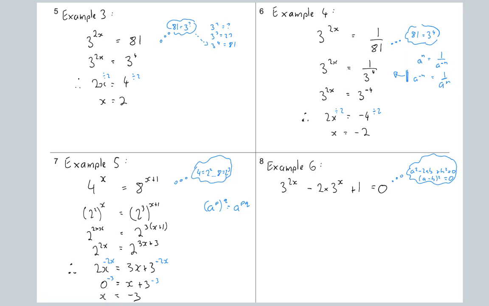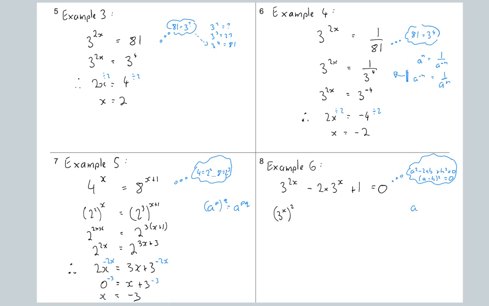So if I go 3 to the power of x here, oops, I'll do it in the right color. Then 3 to the power of x is 3 to the power of x squared. Again, just using that rule, the power of powers rule, backwards.